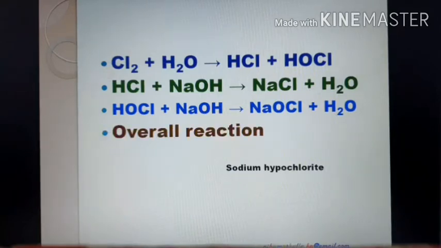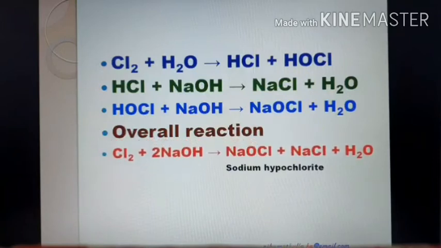Overall reaction, when we add all these reactions, we get a final reaction. Chlorine reacts with dilute sodium hydroxide, gives sodium hypochlorite NaOCl, NaCl, and H2O.